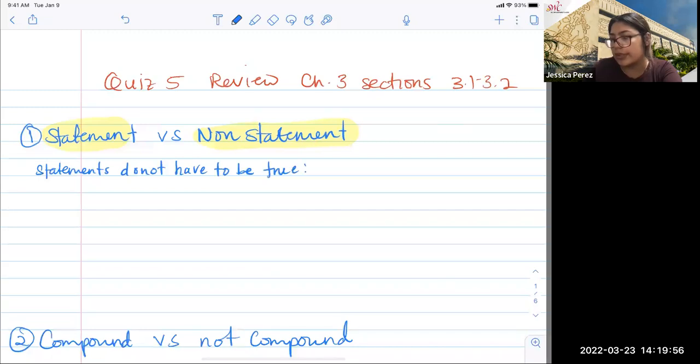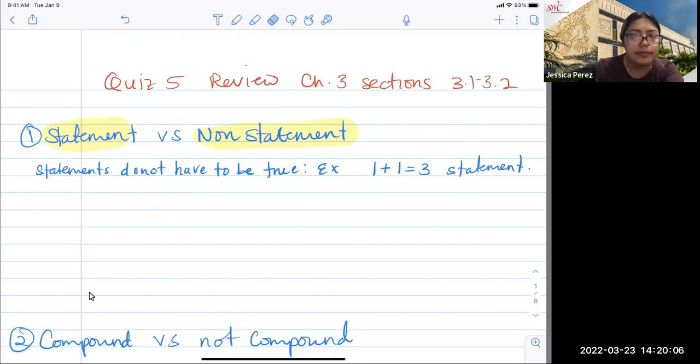For example, 1 plus 1 is equal to 3. This is a statement. This is not true, but it's still a statement. Versus a non-statement is taking things for granted.